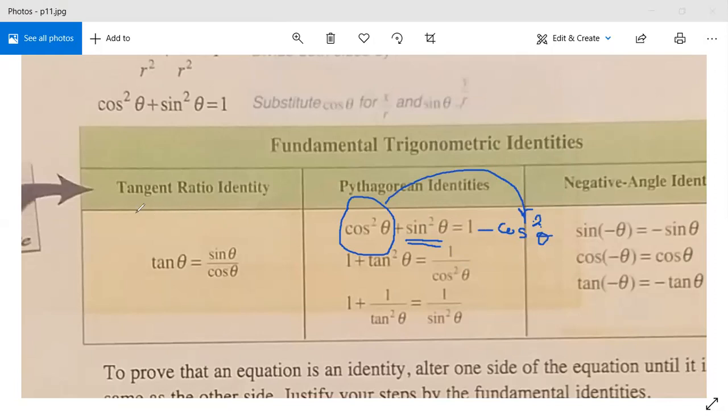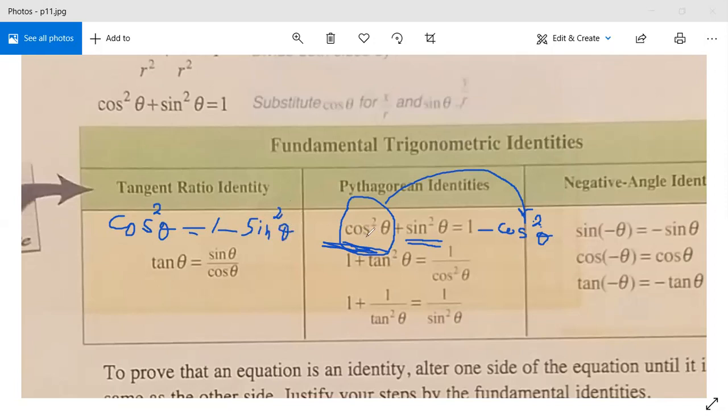Then cosine square equals what? If I need cosine square theta, we move the sine square to the other side. So cosine square theta is equal to 1 minus sine square theta. Okay, get it now?